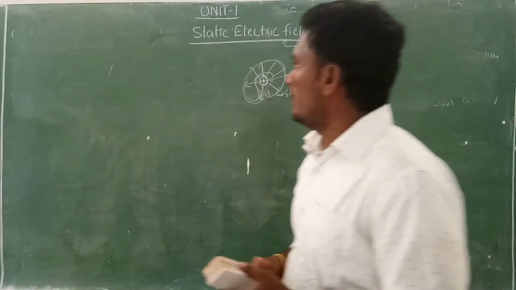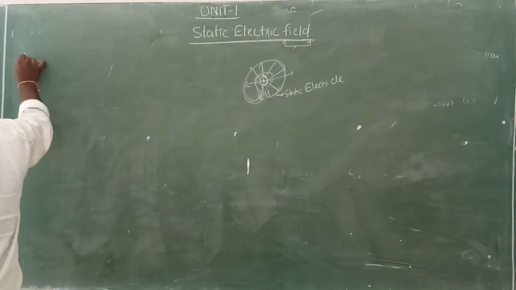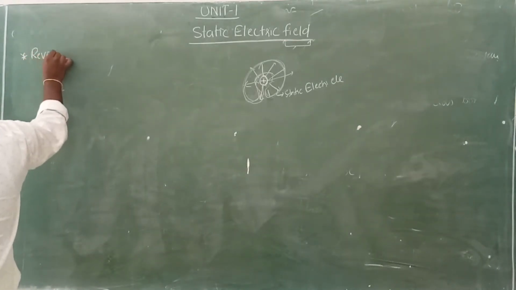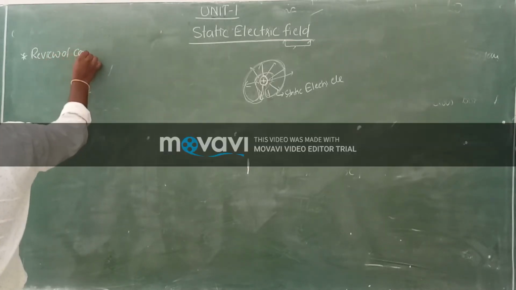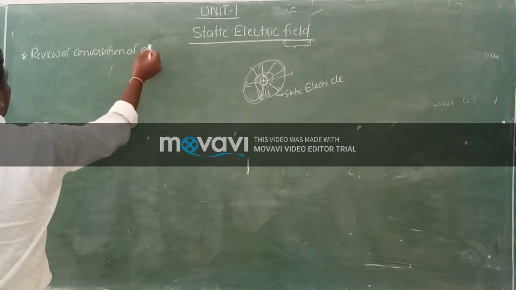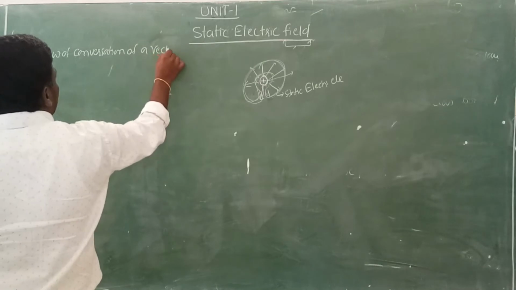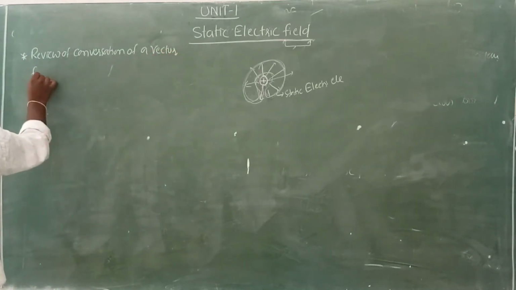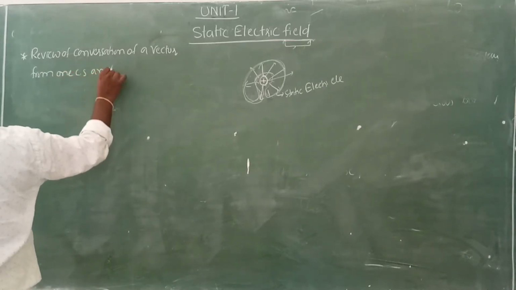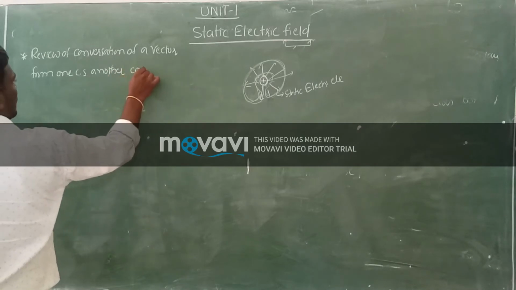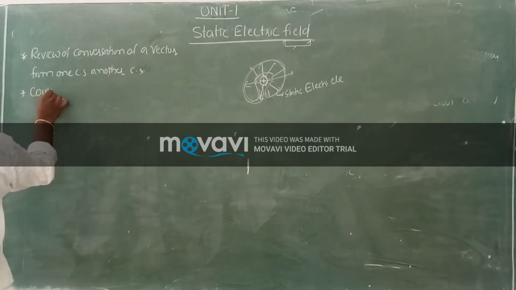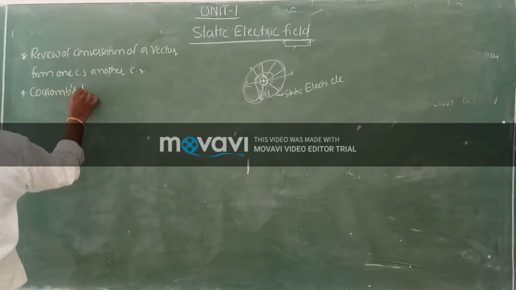Now see the topics in this subject. First is review of conversion of a vector from one coordinate system to another coordinate system. Second is Coulomb's law.